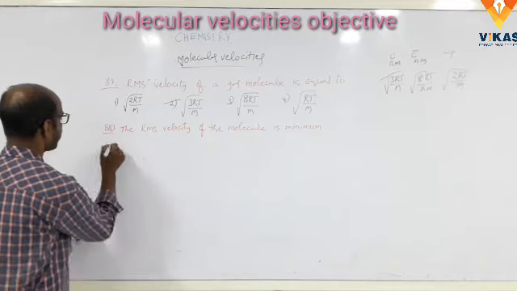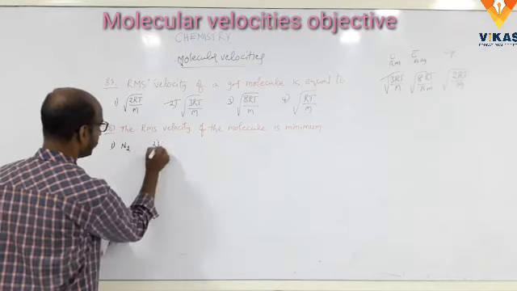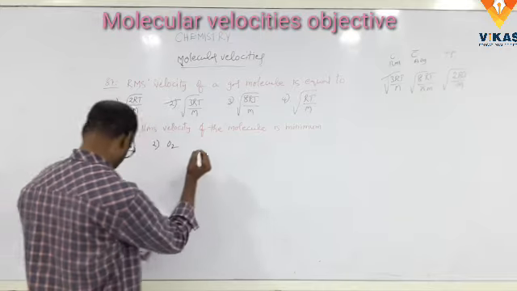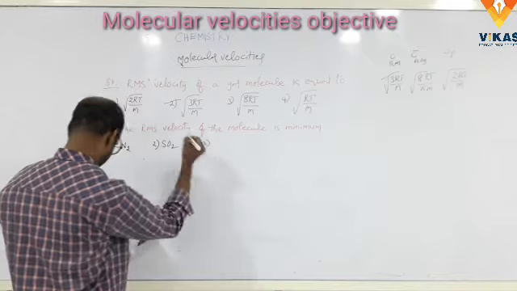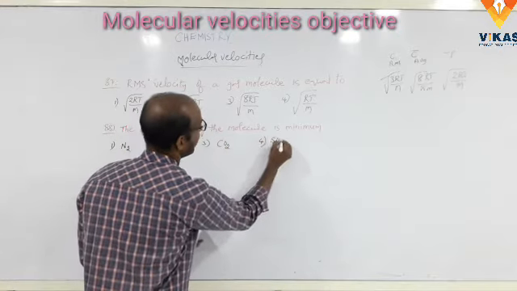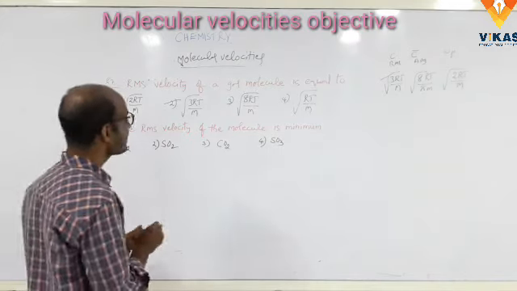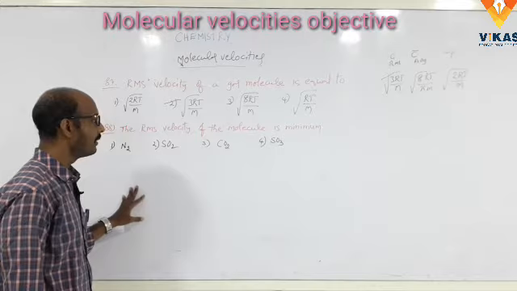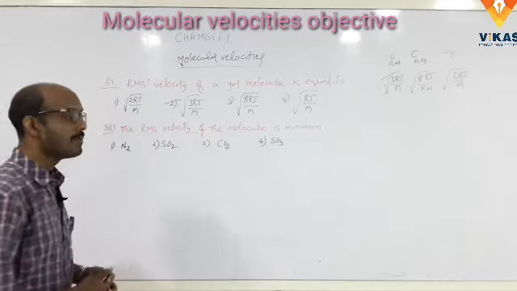Number 1, N2, number 2, SO2, third, CO2, and fourth, SO3. So the RMS velocity of the molecule is minimum. Among these four gases, which one has the minimum RMS velocity?